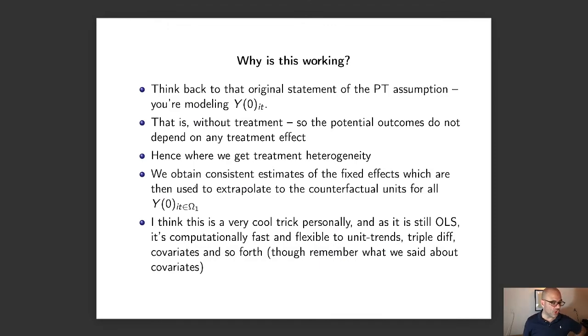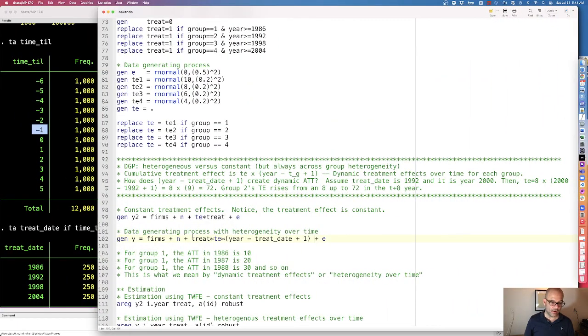So if we had done this here, then we would get coefficients on firms and coefficients on year dummies. There wouldn't be a coefficient here, but we would get it here, and we would estimate Y0 for all the untreated units, but also for the treated units.